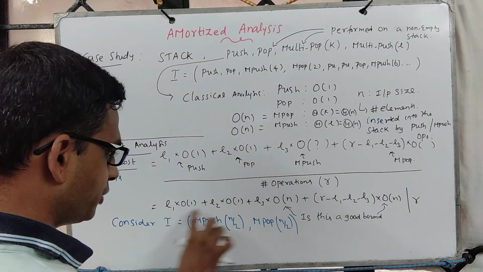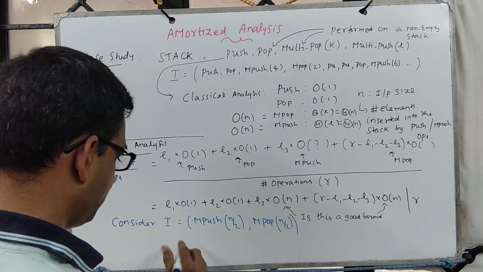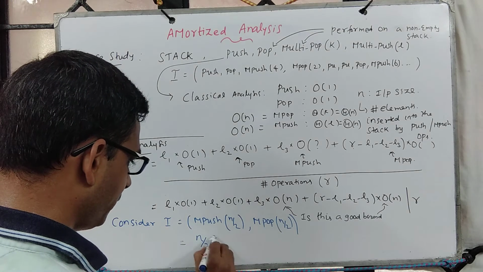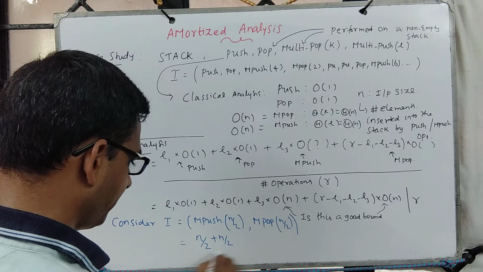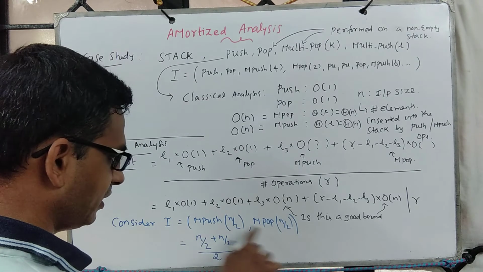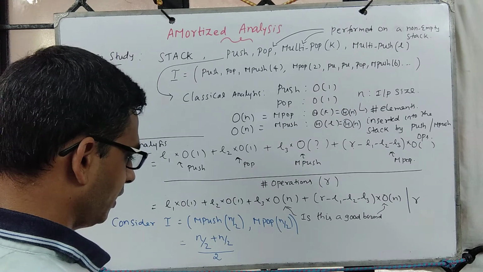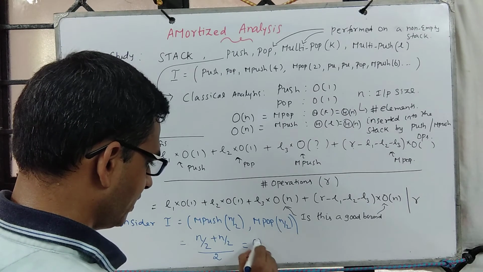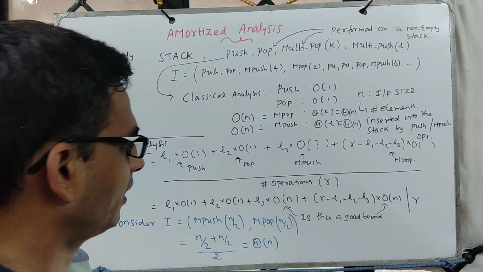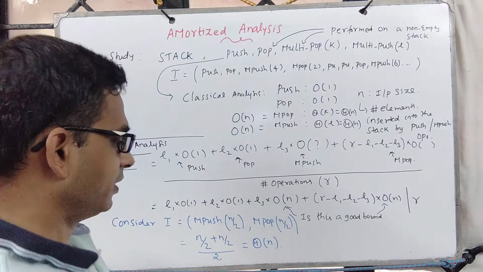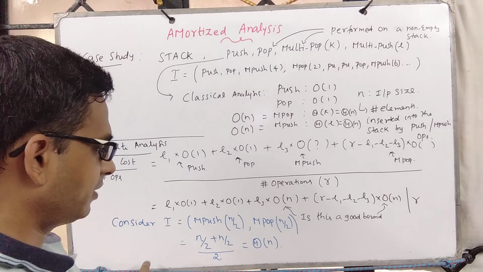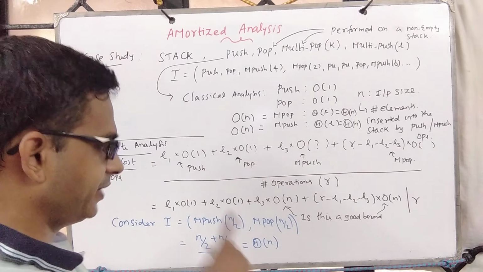There is no push, there is no pop, it is only this. So what would be the cost? Cost for multi-push is n by 2, cost for multi-pop is n by 2, divided by the number of operations. This is one operation, this is the second operation. So now you see that this one is theta of n. This shows that there are input sequences where we get to see this.